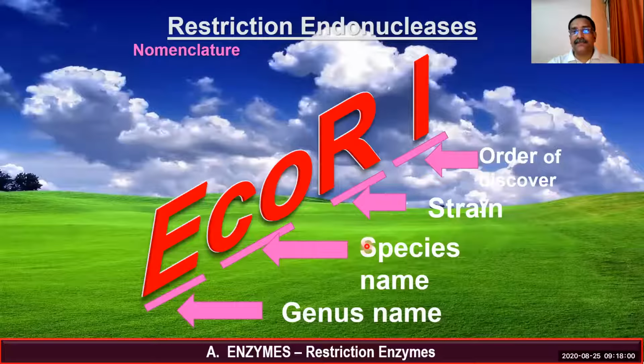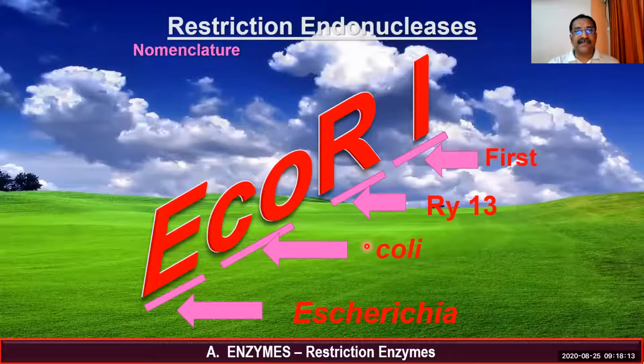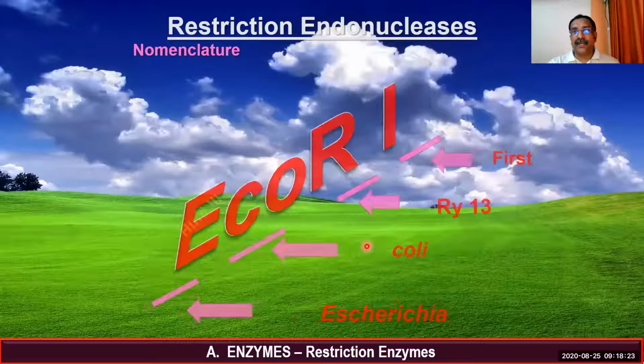The third capital letter represents the strain, and the last is the Roman numeral, which is the order of discovery. And EcoR1 represents what? E represents Escherichia, co represents coli, R represents the RY13 strain, and the number 1 represents the first in order. Then another example we have seen, HindIII. That is H for Haemophilus, and in represents influenzae, d represents the strain, and number 3 represents the order number 3.